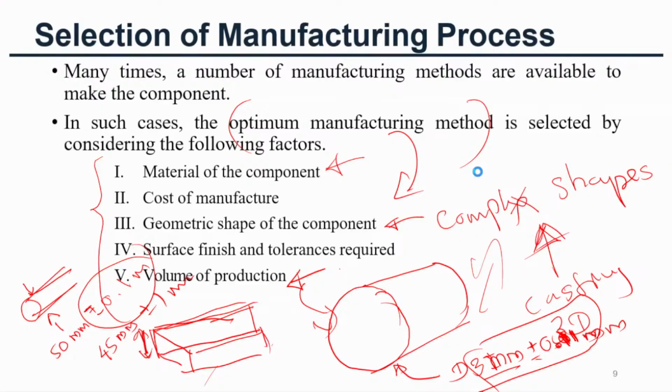Okay. So then finally, considering these factors, we can choose our process. Okay. So we can get a quality, cost effective, efficient final product. Okay.